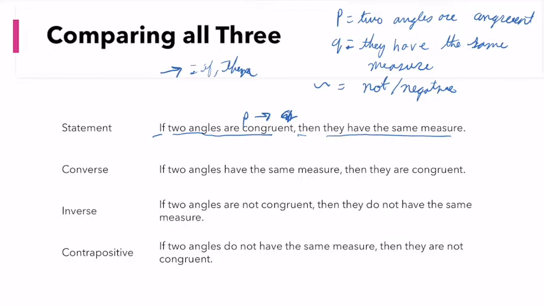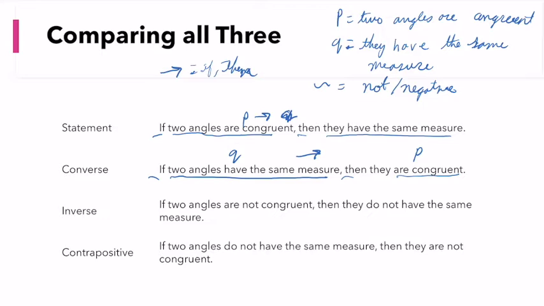So now I have, if two angles have the same measure, that's Q, then they are congruent, that's P, and I put an arrow between them because I have an if-then statement.